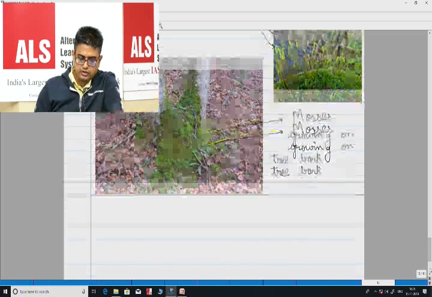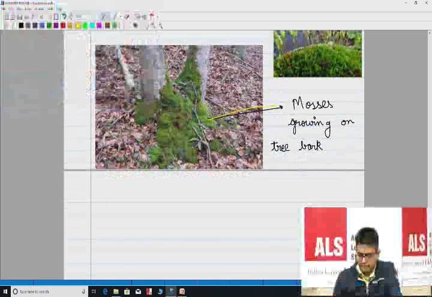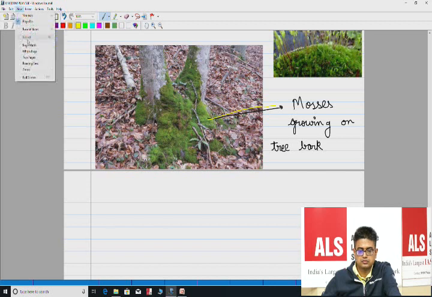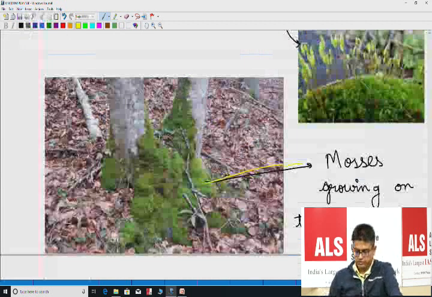The first statement you should write is: bryophytes are called amphibians of plant kingdom. Please write now.